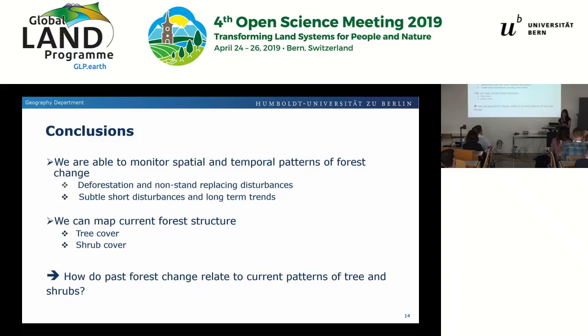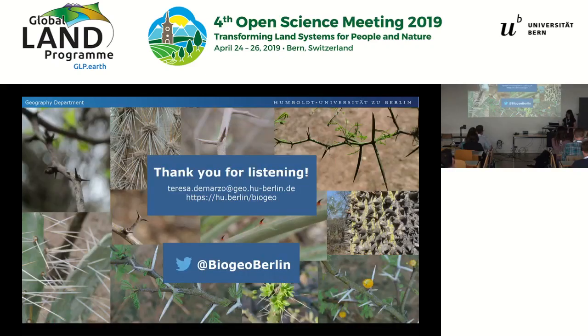We can also map the forest structure in terms of tree cover and shrub cover. So the next step, the future work, is how to relate these two to better understand forest degradation in the Chaco. With this, I thank you for your attention, and I'm open for questions.